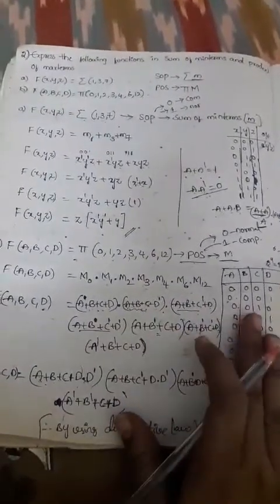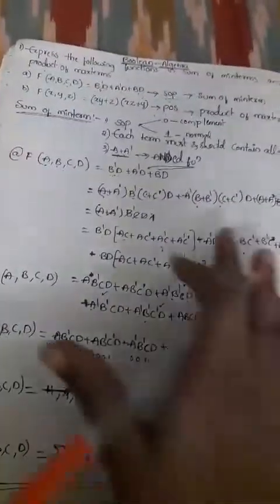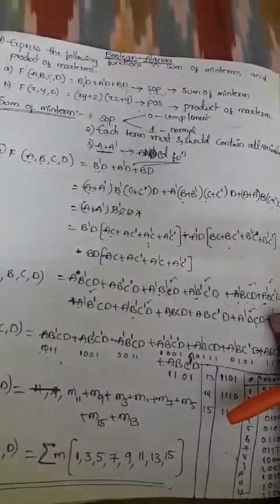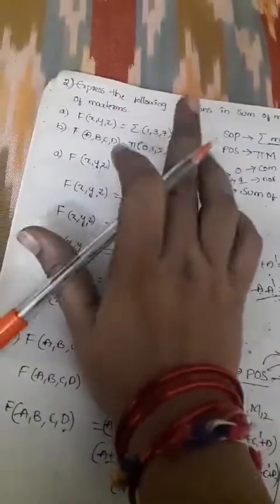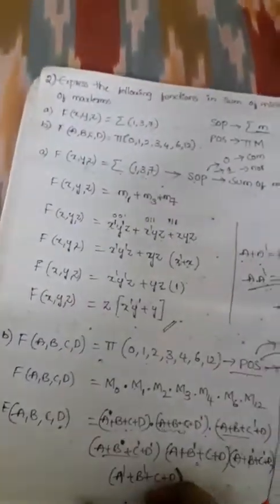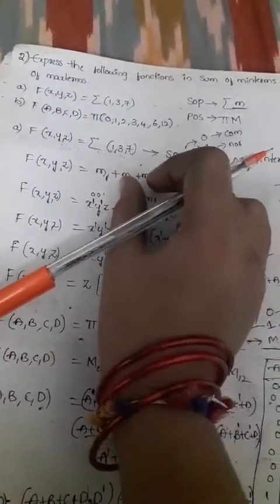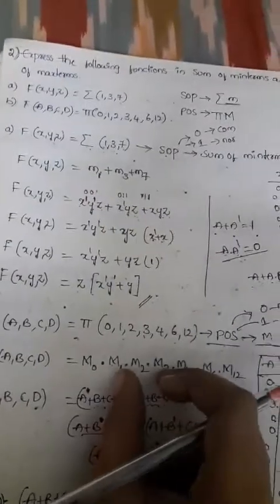So this is the procedure for finding sum of min terms and product of max terms. And another procedure is like this: if the Boolean expression is given directly, you can follow these steps for sum of min terms and product of max terms. That means we can convert into a sum of min terms equation and a product of max terms equation.